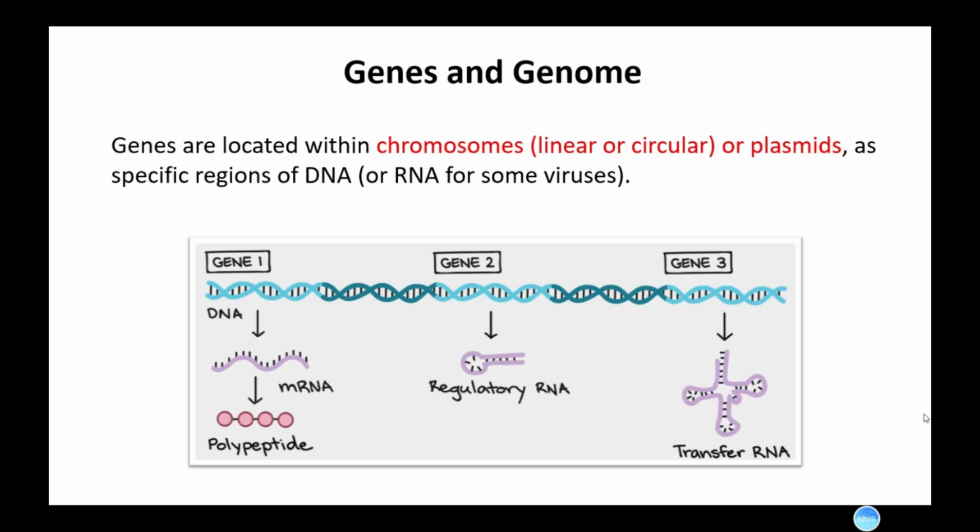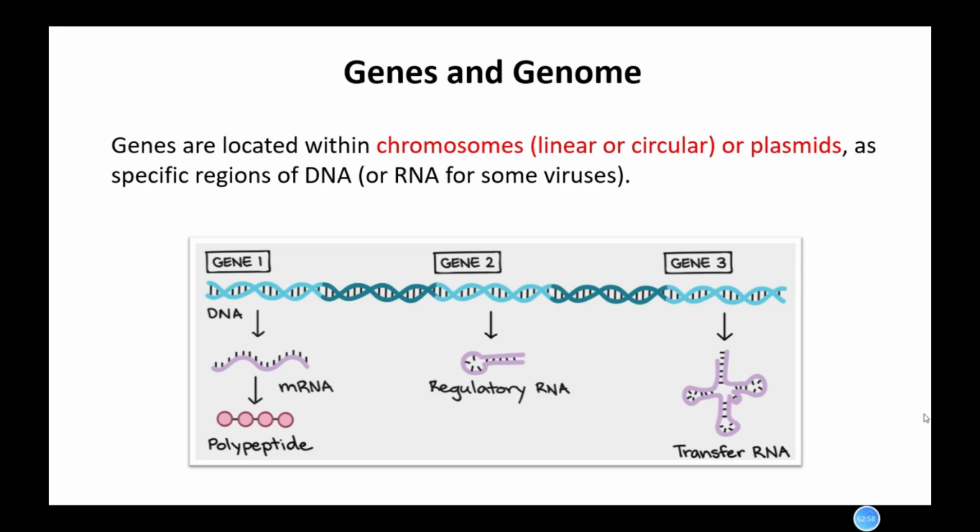Gene 1 can be transcribed into messenger RNA, then translated into protein. So this is a traditional gene, a protein-encoding gene. But this one encodes not a protein, but a regulatory RNA. We also call this part a gene, even though it does not encode any protein molecule.